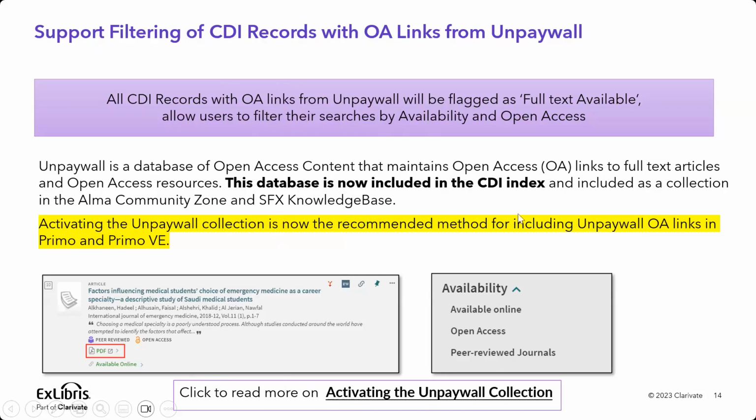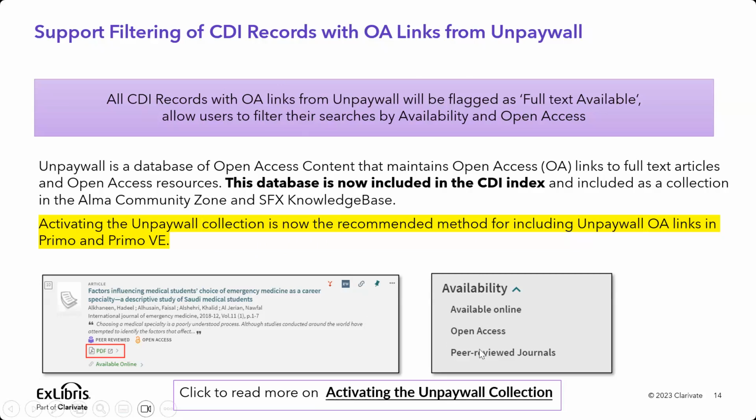The recommendation to activate the collections, the meaning for that in the application in Primo and Primo VE will be that while you are activating this collection, all CDI records that have these open access links from Unpaywall will be flagged and marked in the CDI index as available for text. Therefore, when your user has this filtering on available online, those CDI records with the open access links from Unpaywall will be included in the search result.